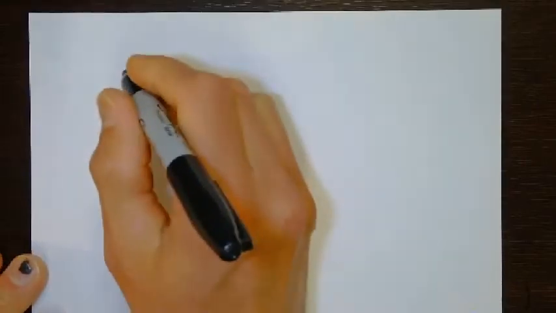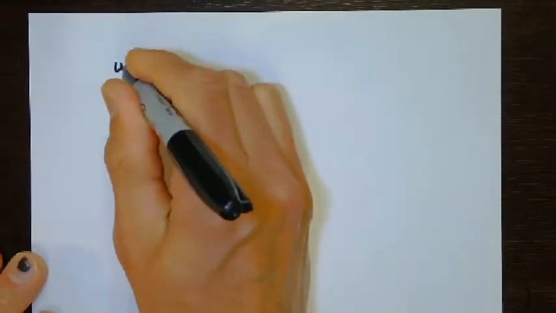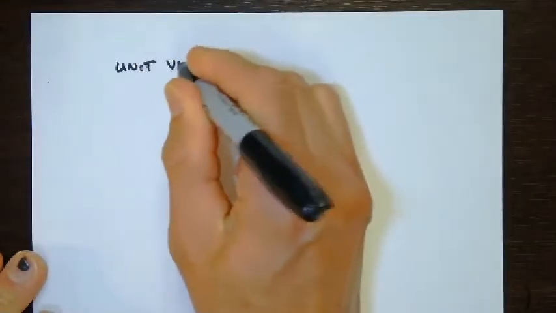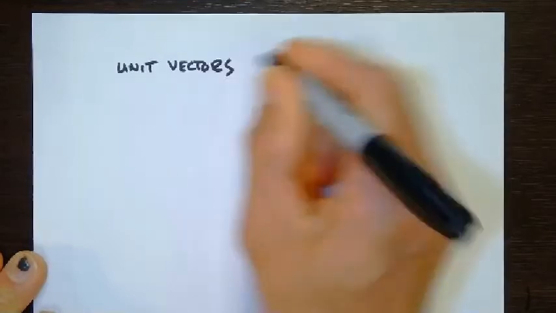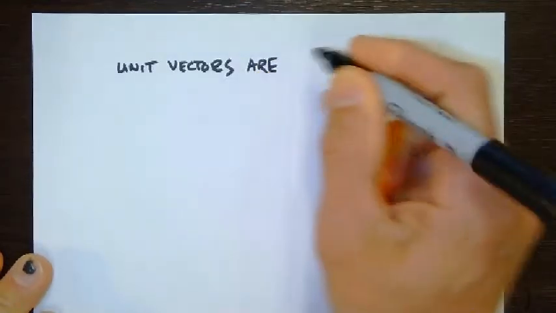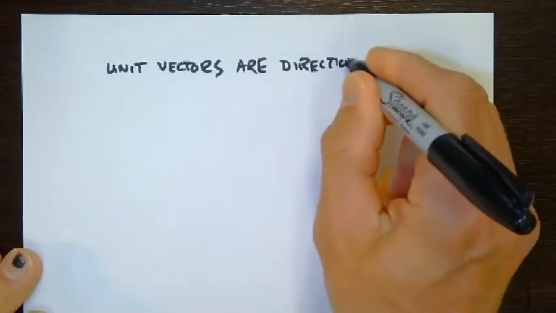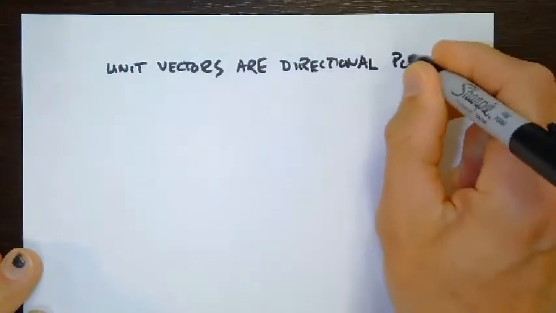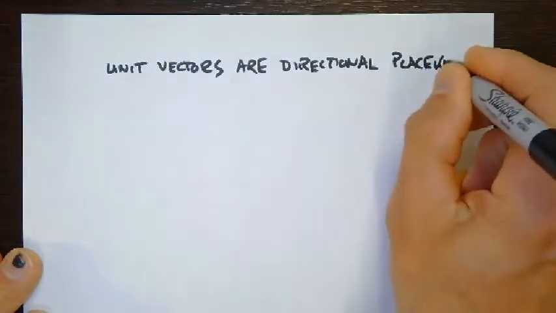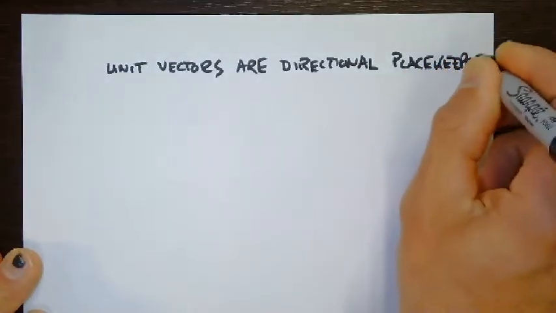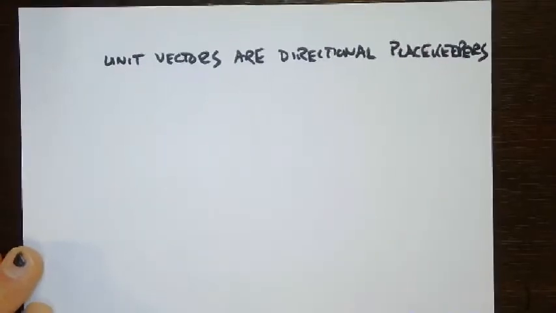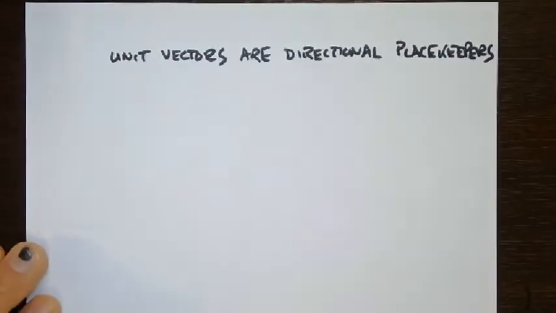Okay, so I'm going to start off with a statement that unit vectors are directional placekeepers. And here's what that means.